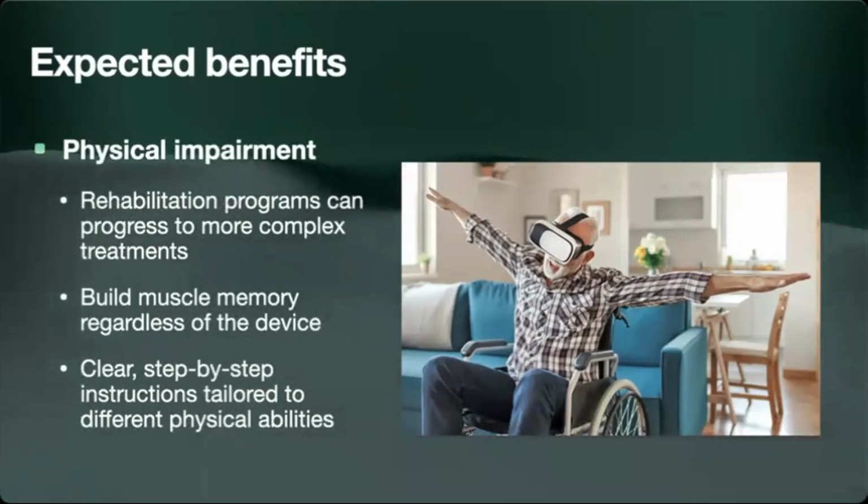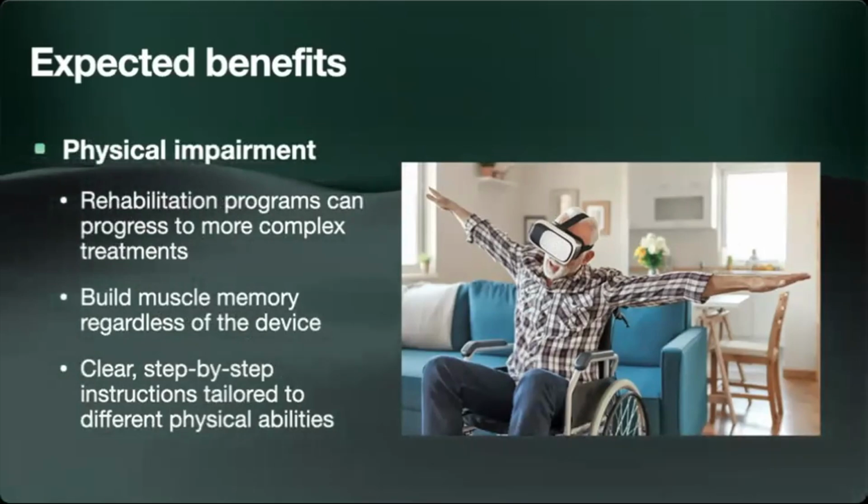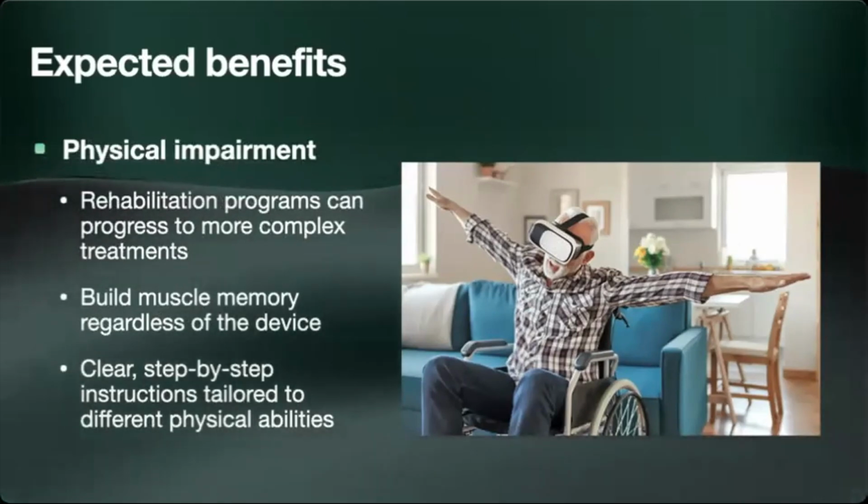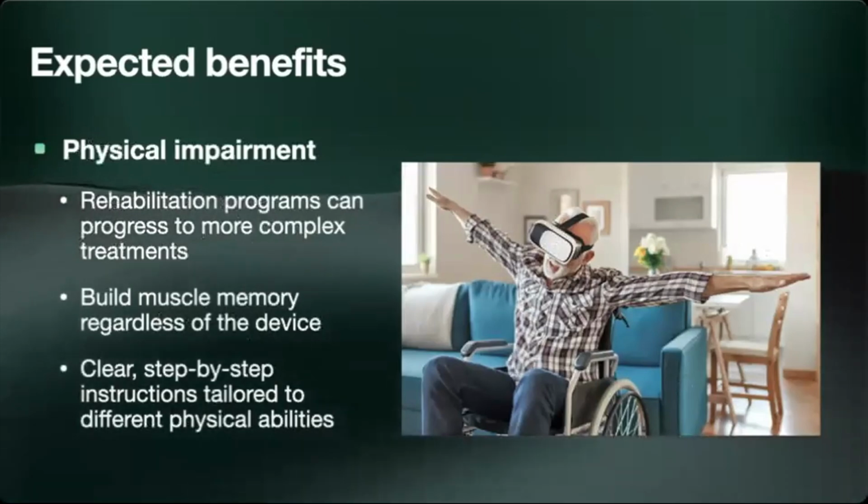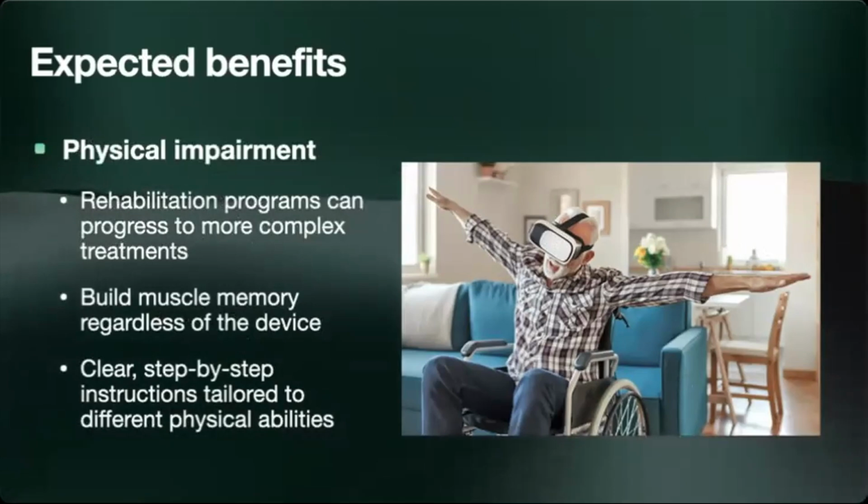Another individual who uses a wheelchair might practice a virtual flight simulation, regularly building arm and shoulder strength in a fun and engaging way. By adapting these exercises to different physical abilities, well-documented movements ensure a safer experience, boost motivation, and make meaningful progress possible for everyone.